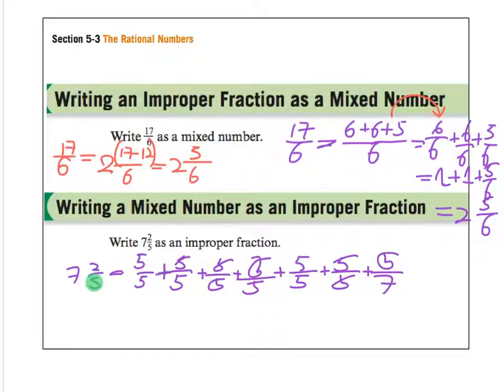So now I have exactly 7, and I have 2 over 5. Now if I add them together, I should have 1, 2, 3, 4, 5, 6, 7 fives. So that's 5 times 7 is 35. 35 plus 2 gives me 37. It's 37 over 5 is my final answer.